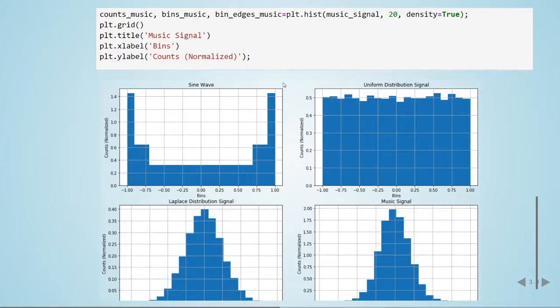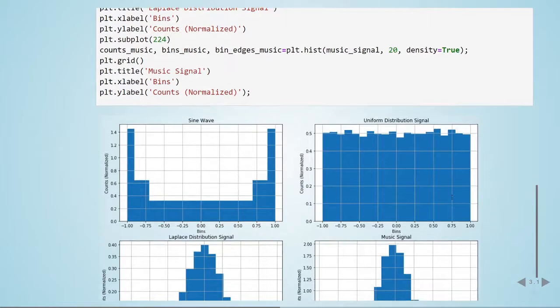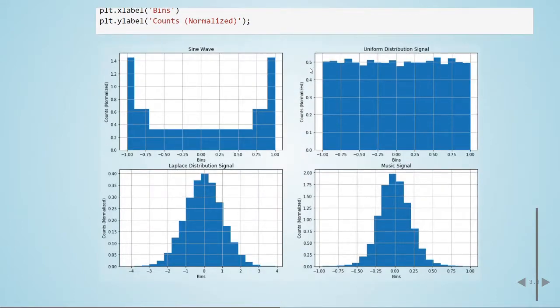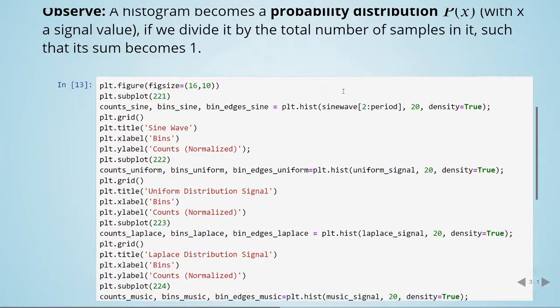So here we have the sine wave histogram, here we have the Laplace distribution signal, and here we have the music signal. All these histograms are normalized, so they are divided by the total number of samples.